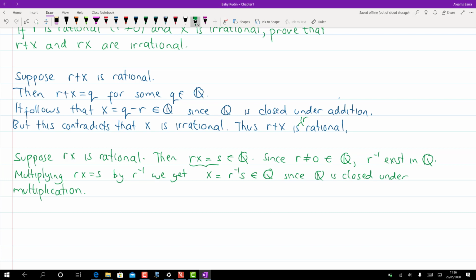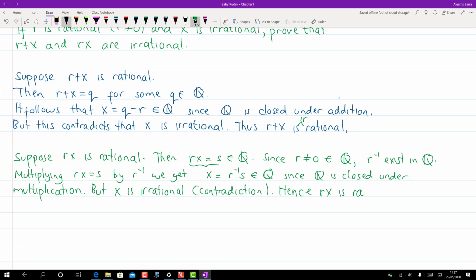Okay, but that contradicts the fact that x was irrational. Contradiction. Hence, rx is irrational.